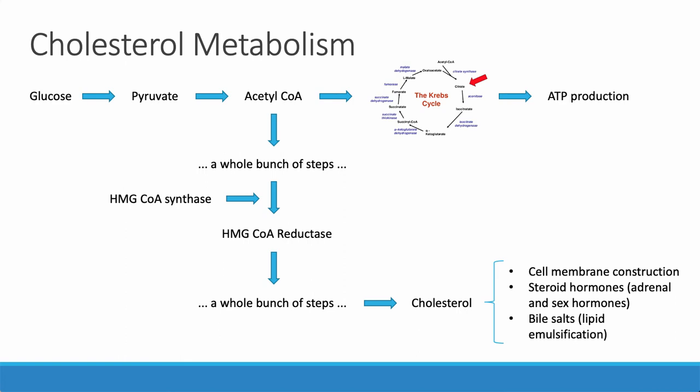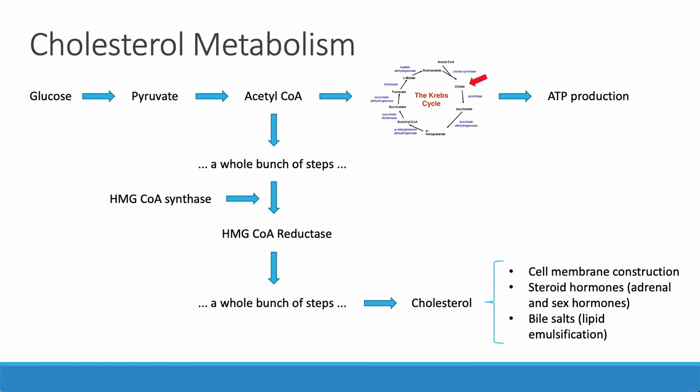But anyway, you go through all these steps, and eventually you get to this step where the acetyl coenzyme A gets combined with the HMG coenzyme A synthase, and that converts to HMG coenzyme A reductase. Does this sound familiar to you? Have you heard of HMG coenzyme A reductase?